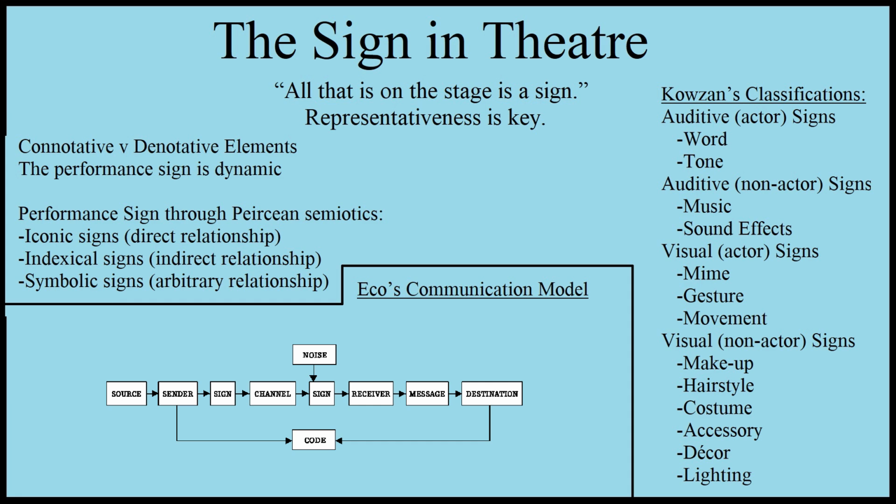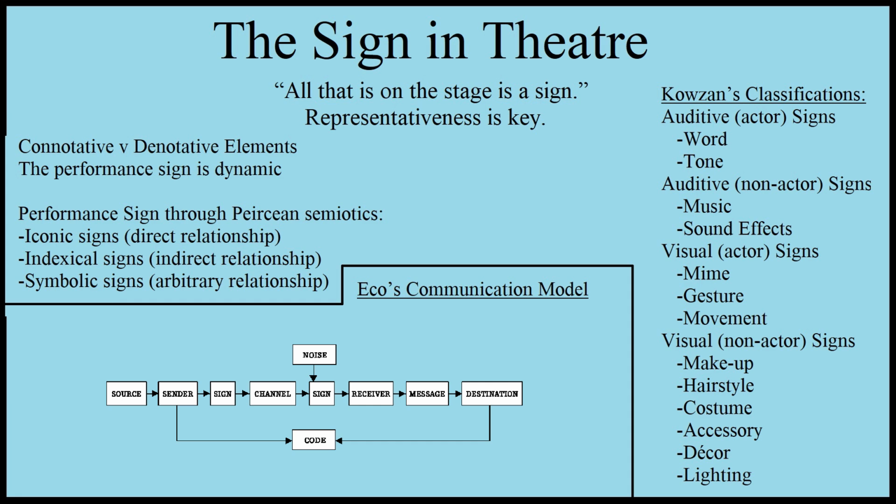The last one we're going to look at is Umberto Eco's communication model. Basically, he looks at it from a much more sort of typical sense. Umberto Eco's model is much more closely related to the Saussurean semiotics. So when you look at this, you will see that there is the sign in the middle.